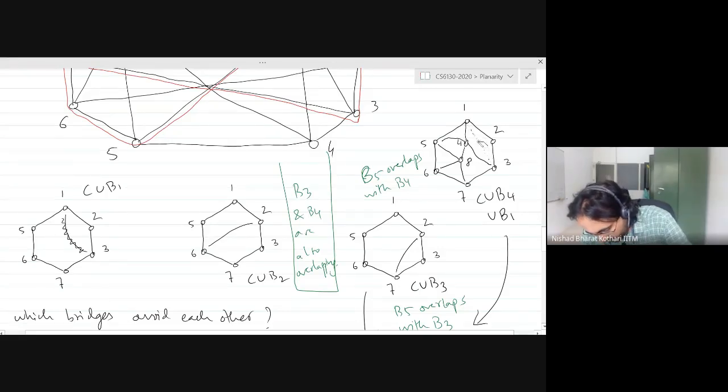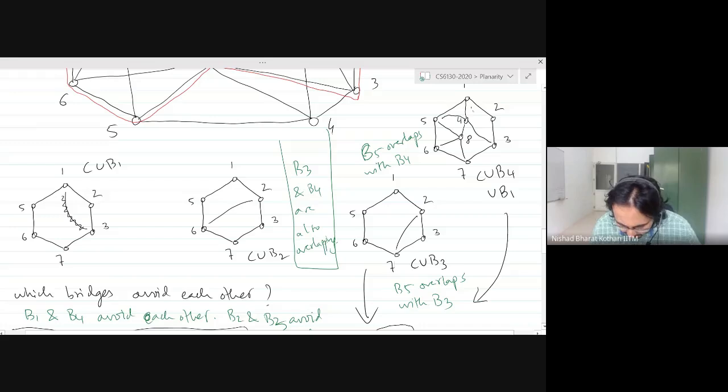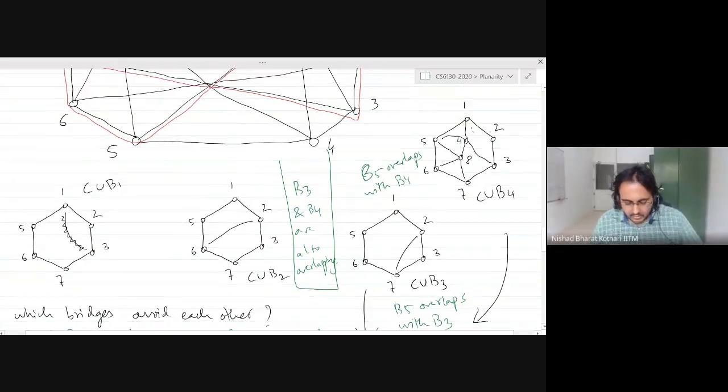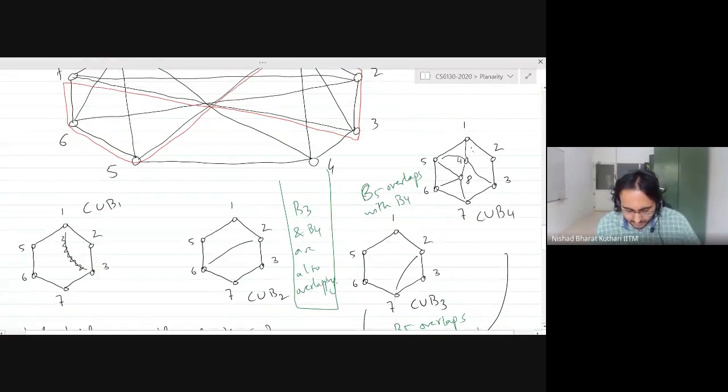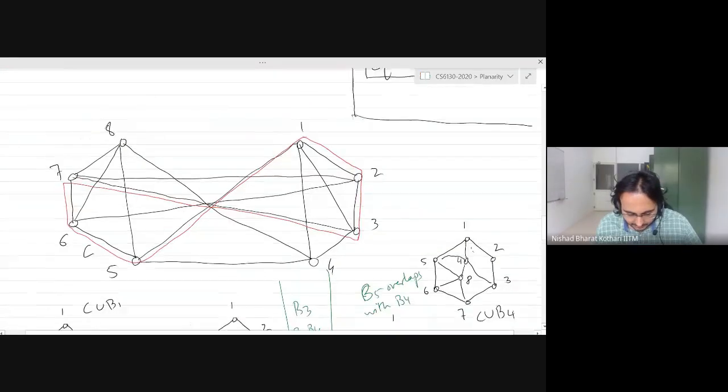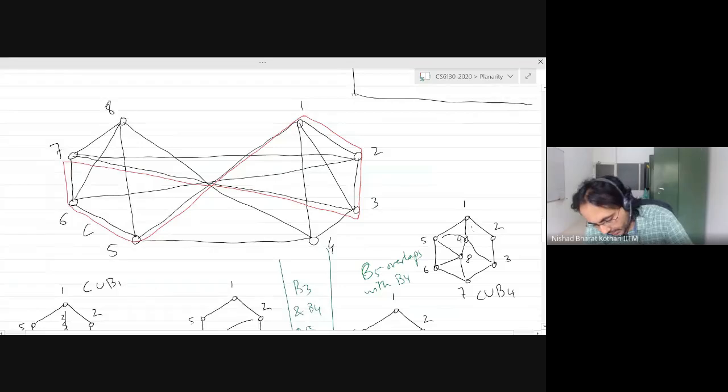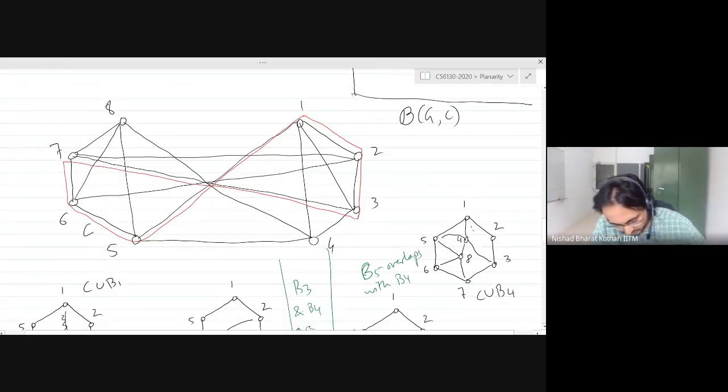Okay, good. This is a good enough drawing. There are some dots, but I won't worry. So you have B1, B2, B3, and B4. Is that correct? So what is the bridge overlap graph with respect to the given cycle, which is the cycle in red color, and the graph which we looked at in the beginning? Let us draw it.